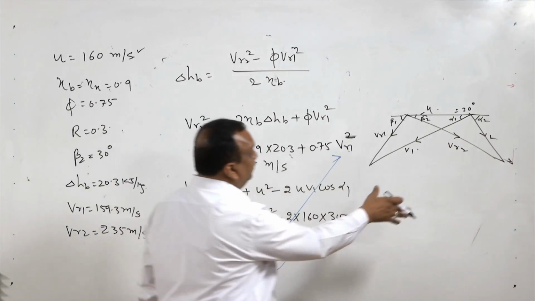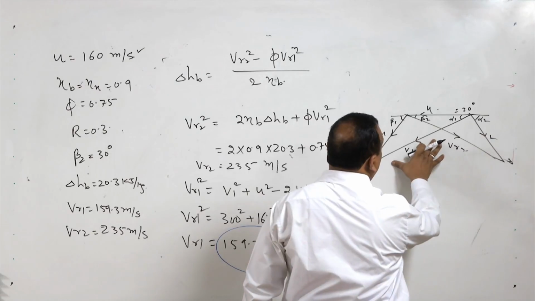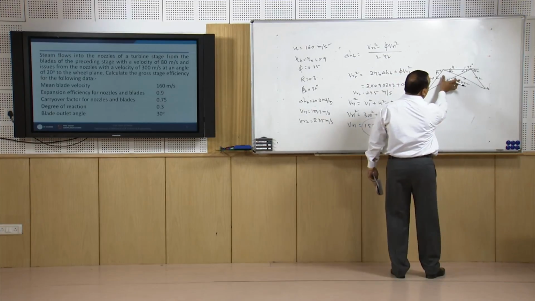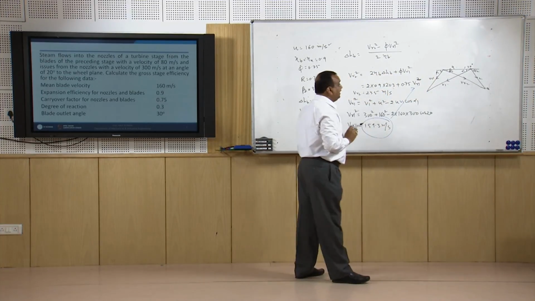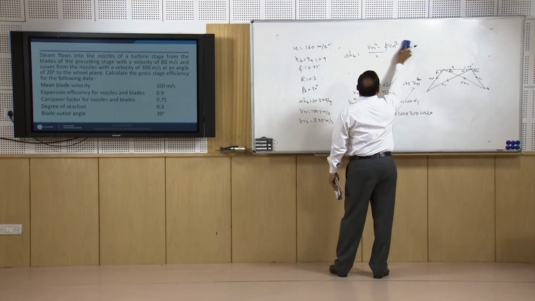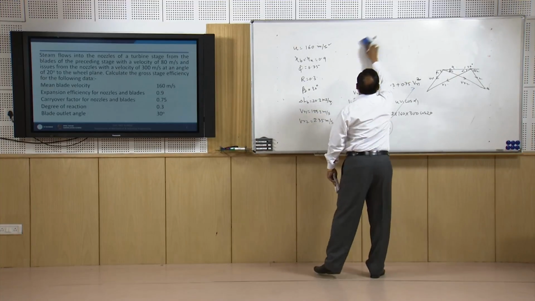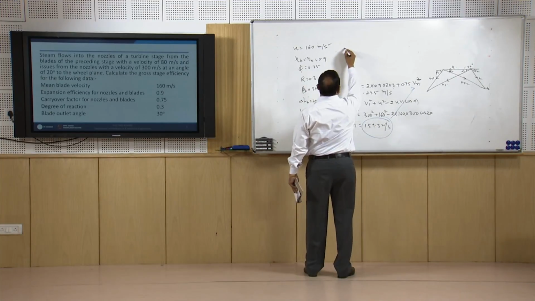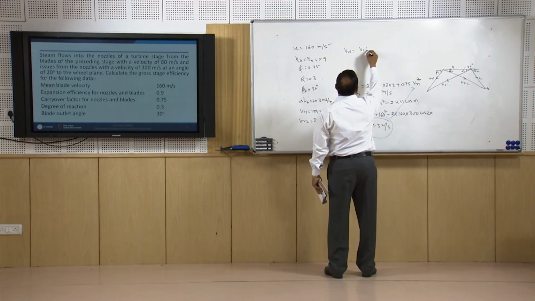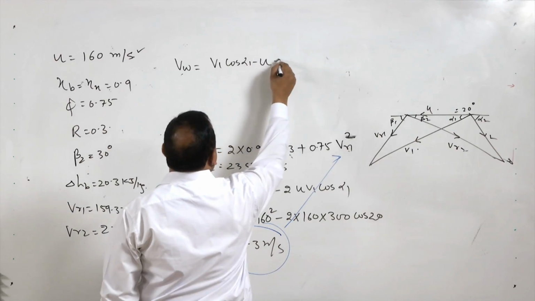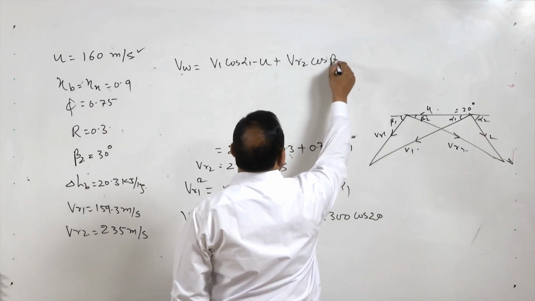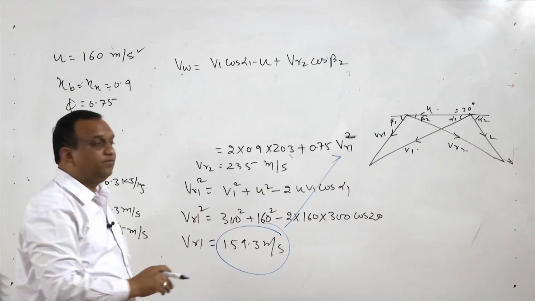Now, we have the value of VR2, we have the value of V1, and the blade outlet angle beta 2 is also with us. Now, we can find the value of VW, the whirl velocity. We can take V1 cos alpha 1 minus u plus VR2 cos beta 2. This will give the whirl component.